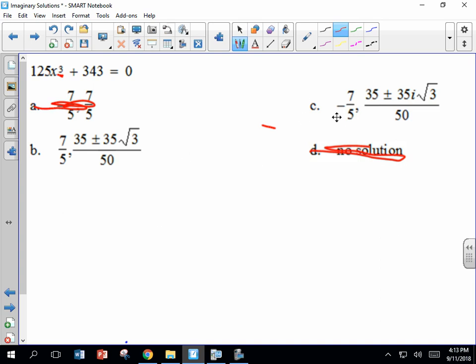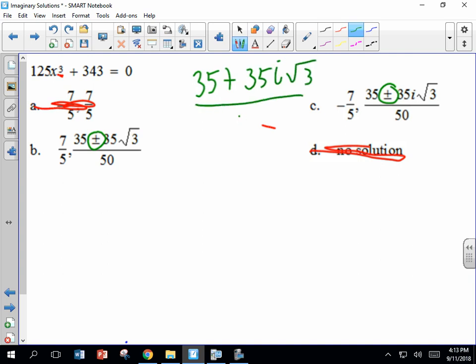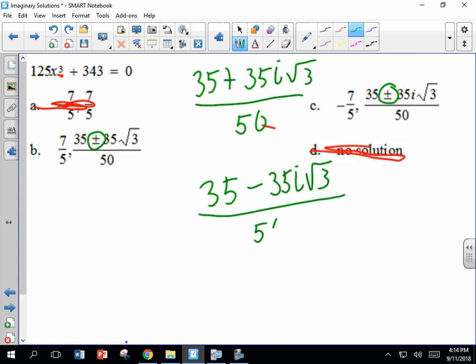Looking at both these answers, they both look to only have 2 answers, but you need to be careful. This plus or minus sign, that's key. That tells you it's 35 plus 35i square root of 3 over 50 and 35 minus 35i square root of 3 over 50.